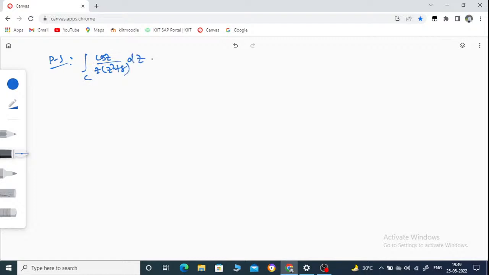And what is my curve C? C is a square whose x is equal to plus minus 2 and y is also equal to plus minus 2.